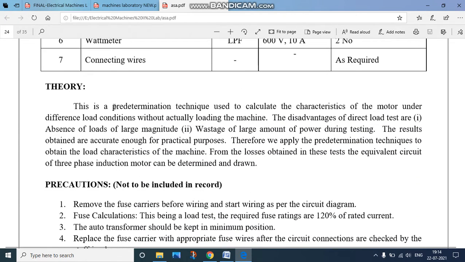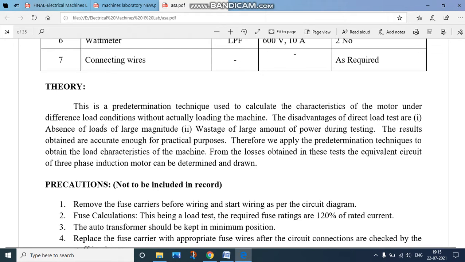In this experiment the main important thing is predetermination. Without applying any load conditions we are finding the characteristics of the motor, and this is called predetermination. Why don't we go for the direct load method? In the direct load method we have to apply loads to the motor, and because of that there is wastage of power.